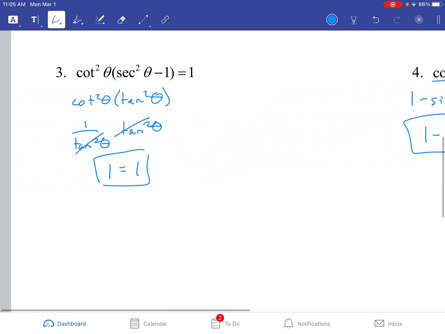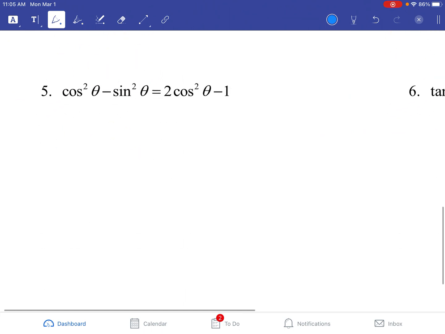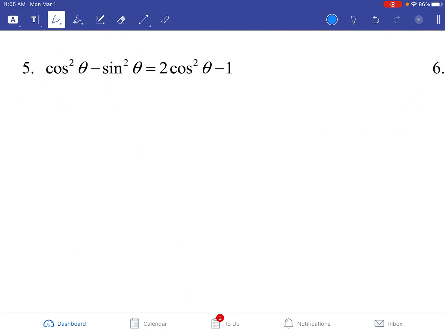All right, number 5. Same idea as the last one. Now I have cosine squared, sine squared, and cosine squared. Which one of these does not look the same? That would be the sine squared. So we're going to put cosine squared back down, minus. For sine, I'm going to have 1 minus cosine squared.